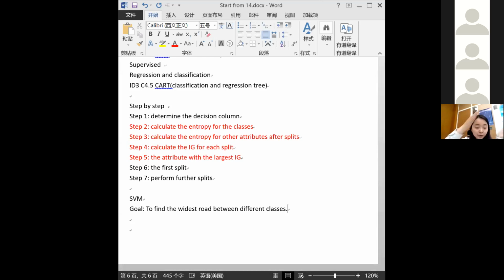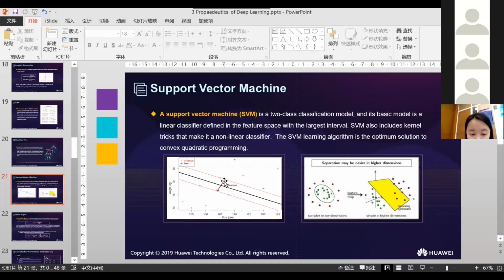So we need to find the maximum margin between these two classes. That is why we also call it the widest road approach. These two red lines and this black line come together just like a road avenue.